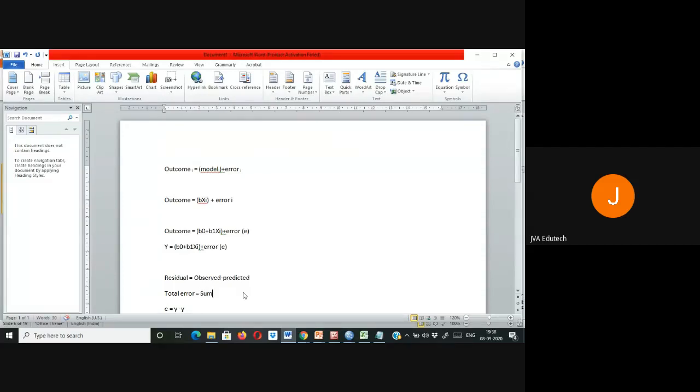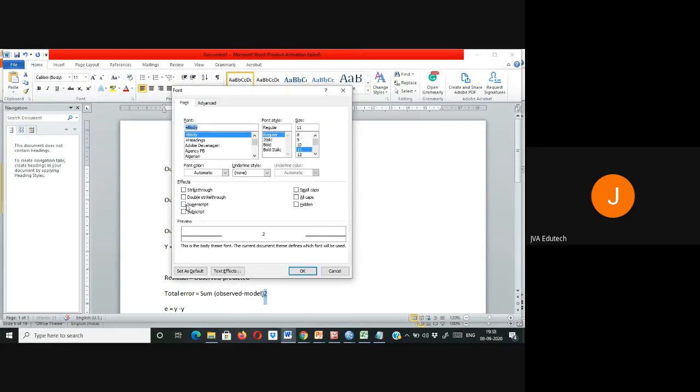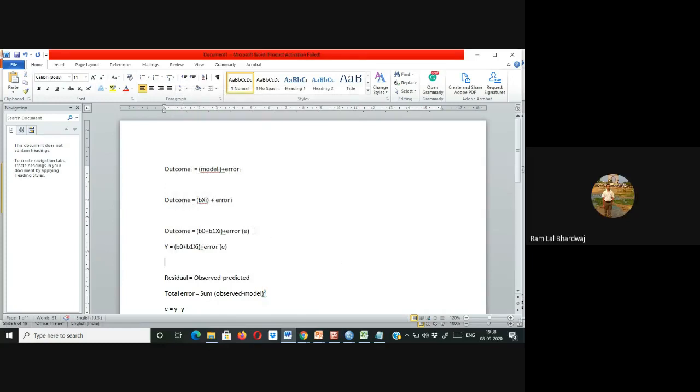You can write it as sigma of observed minus model, square. So in this equation, the total error is the sum of the observed minus model, meaning what you have predicted, whole square, whereas residual is equal to only the difference between the observed minus predicted.